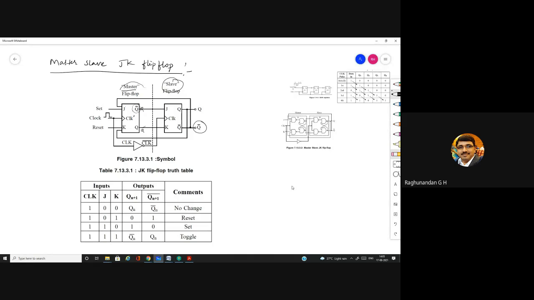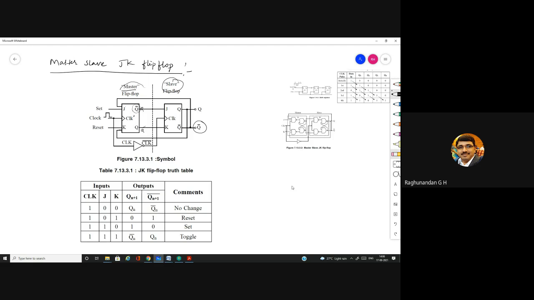So Q bar is connected to this J and Q is connected to this K. So we are doing a cross connection. And we are having one more input, set and reset as usual. Using these two inputs, this JK flip-flop is going to work.